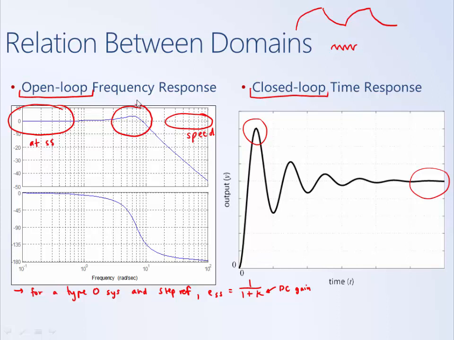And so we can also look at stability margins, in particular phase margin. So these are three sort of basic things or areas to look at to tell us about steady state behavior, speed of response, and overshoot and stability. And they're further summarized on the next slide.